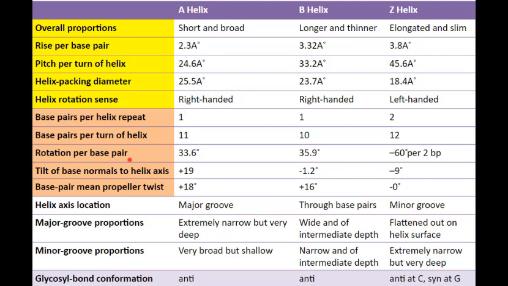We have already looked at the base pair. We have an idea how the base pairs are present when we look at the DNA from the top to the axis of the DNA. So when we see the DNA from the top or bottom, then we see the base pair rotation.